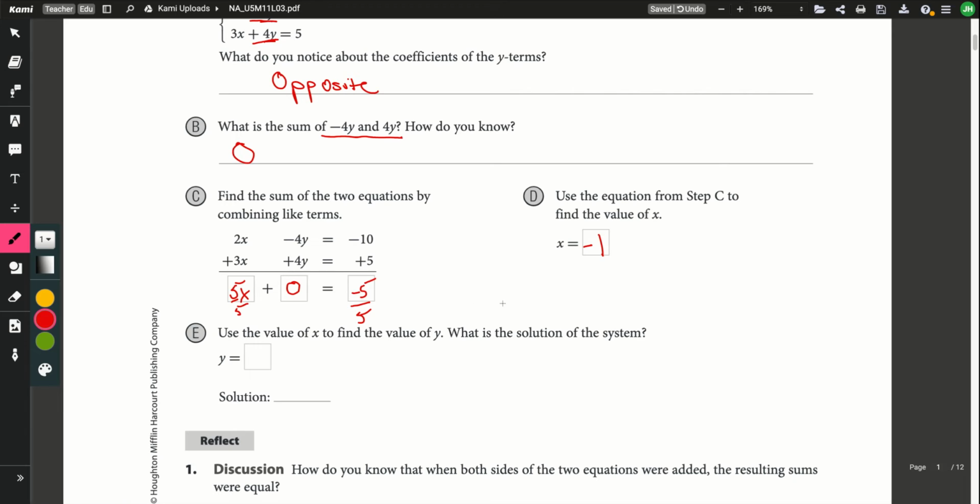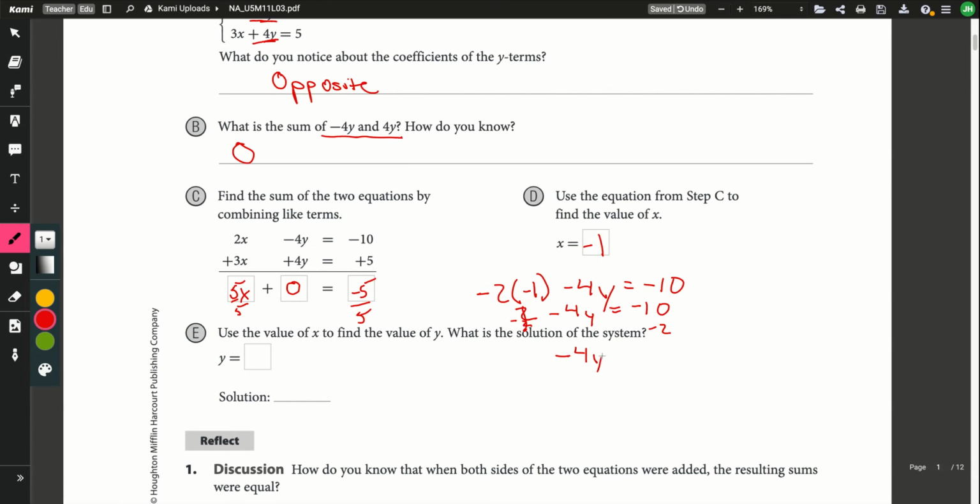In either of the equations, negative 2 times x, which is negative 1, minus 4y equals negative 10. I did the first equation. Negative 2 times negative 1 is 2, minus 4y equals negative 10. We will subtract 2 from both sides. Then 2 minus 2 is 0.